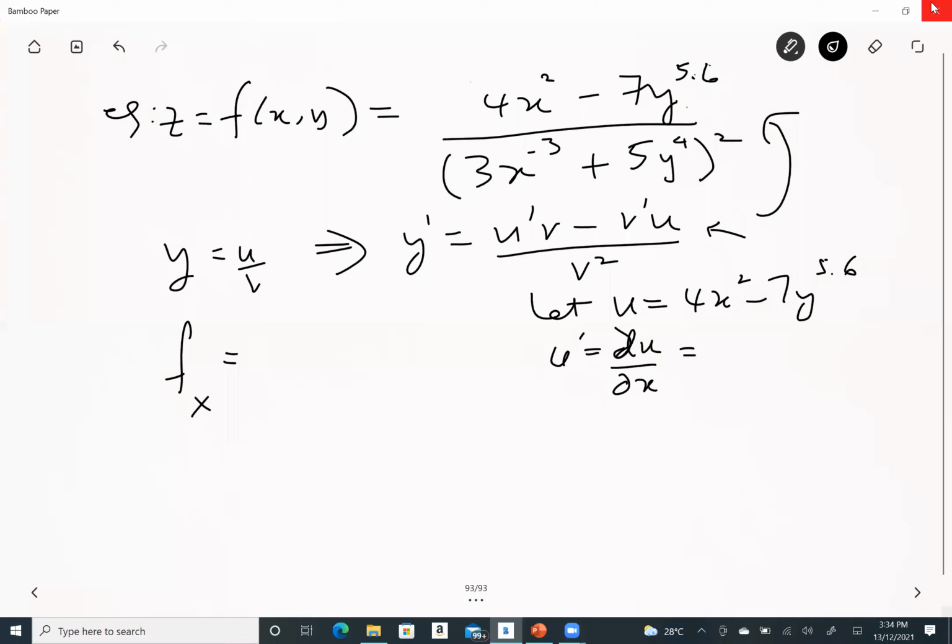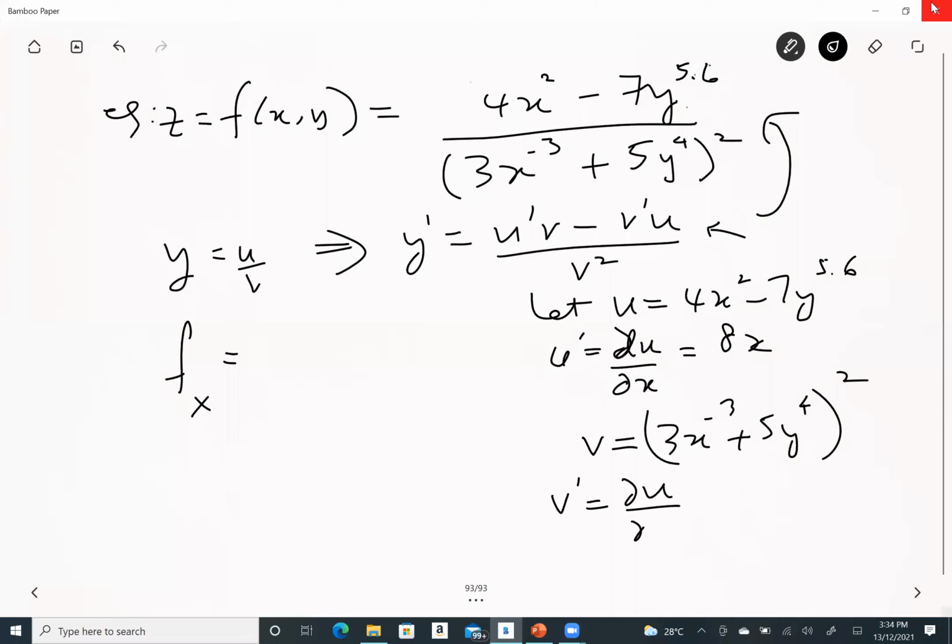So what do you get? You get 8x times 5.6 times the bracket. Okay, and then you let v be the denominator, 3x to the power of negative 3 plus 5y to the power of 4, everything squared. Now our v prime is dv dx because I want to find fx.